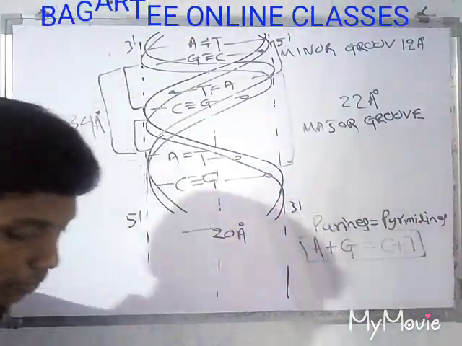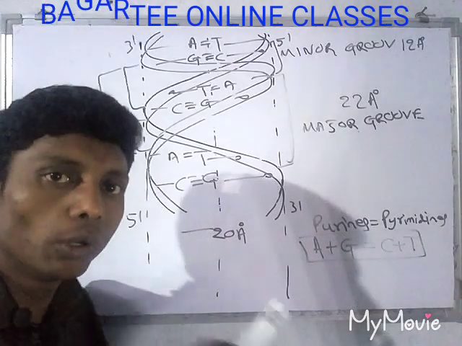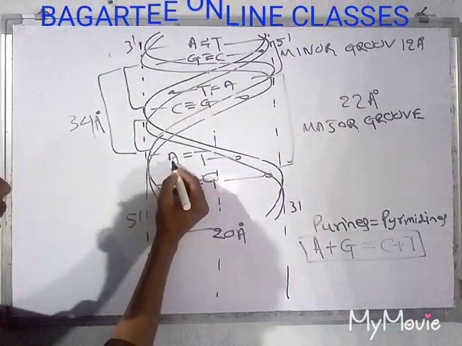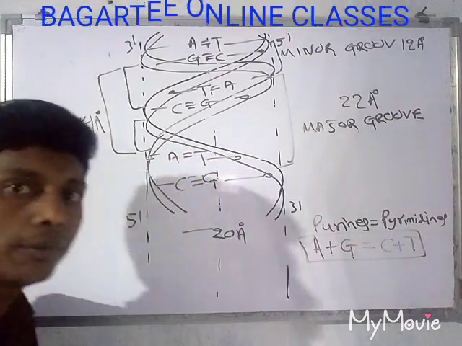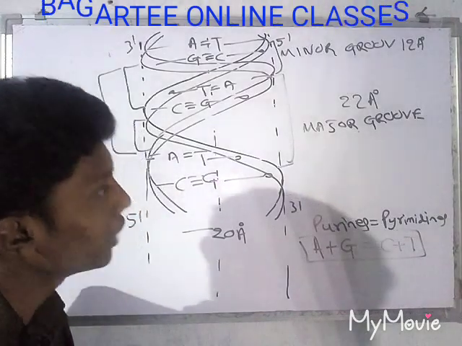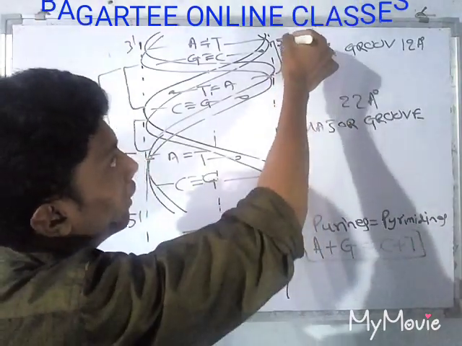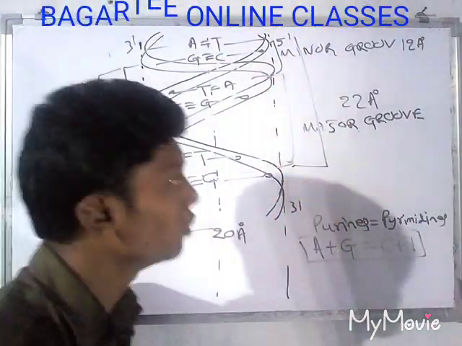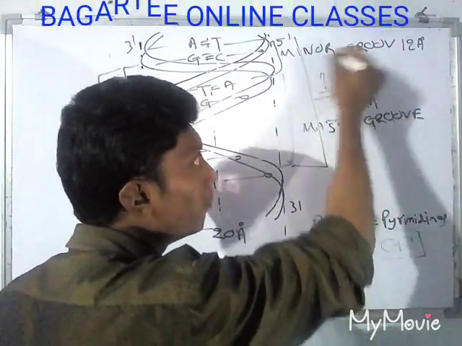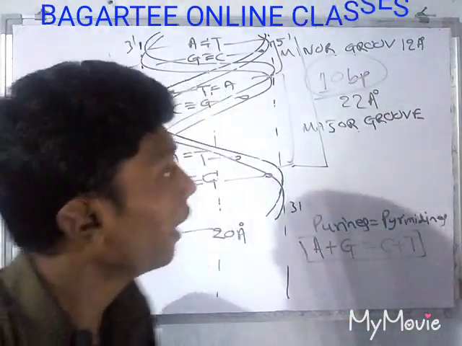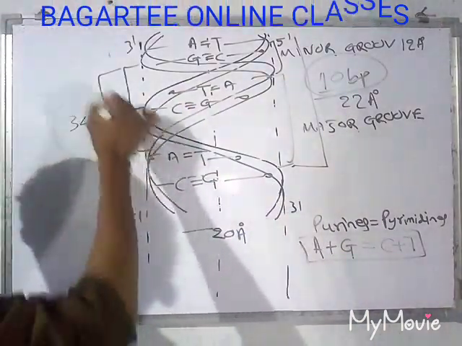Clear? Okay. So next is the distance between two nucleotide base pairs, or bp. Here you can see AT, one pair of nucleotides, and another pair is CG. These two are successive nucleotide pairs. As we know, in one turn of DNA, from the minor groove and major groove, 10 base pairs are present, and the total length of one turn of DNA is 34 angstroms.